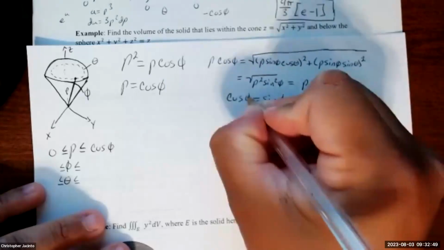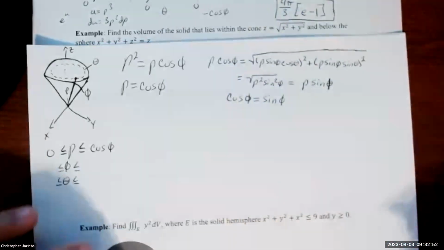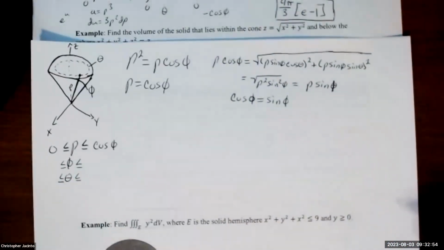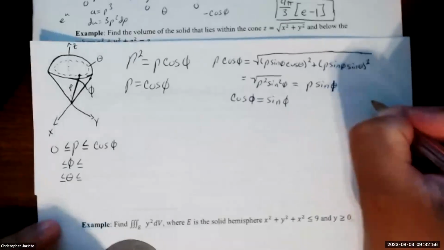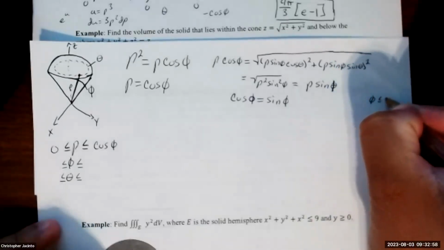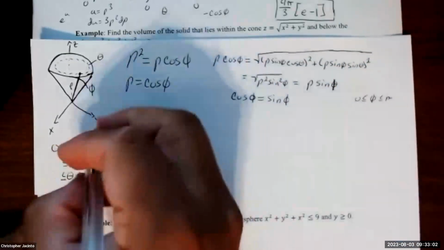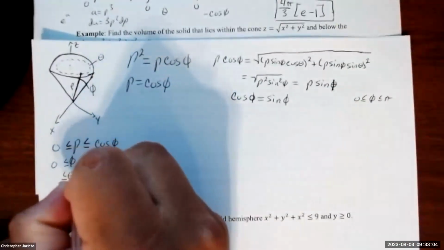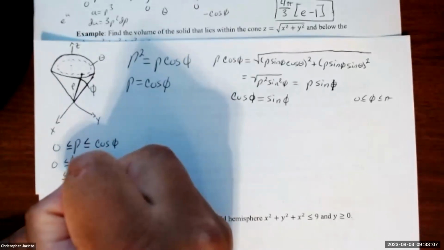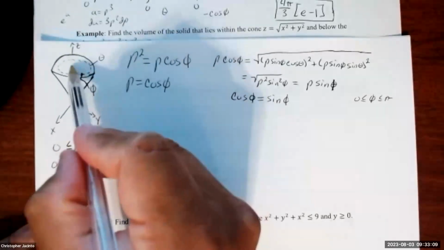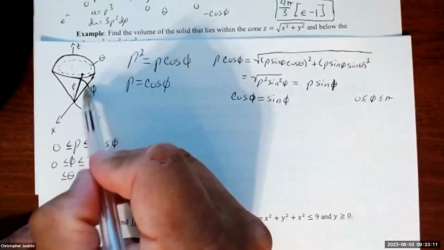And then now you've got to figure out when cosine is equal to sine, and that's only at pi over 4. And again, remember, because phi has to be bounded between 0 and pi, it can't go any higher than that. So you only get one solution. So it goes from 0 to pi over 4, where it hits this boundary right here.